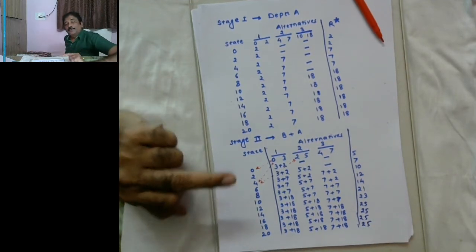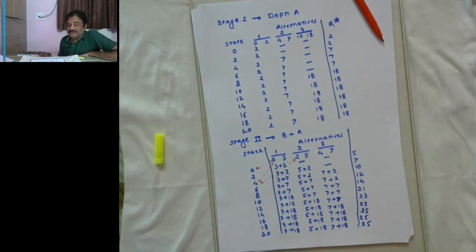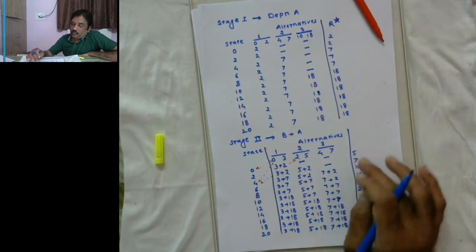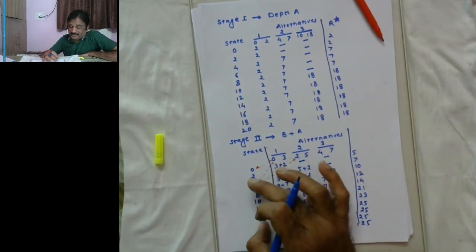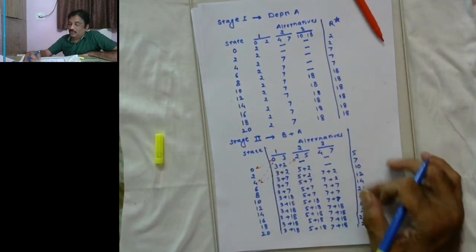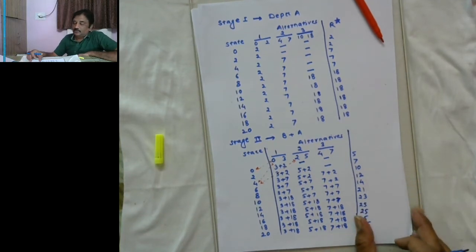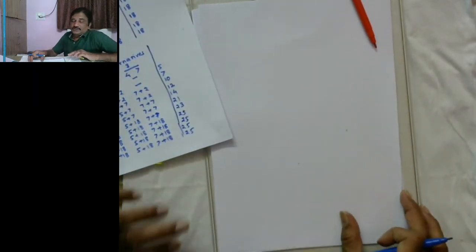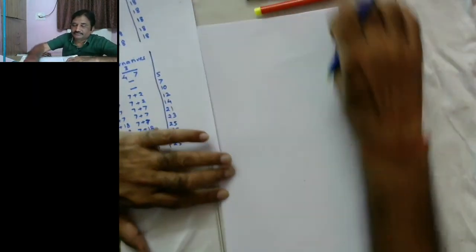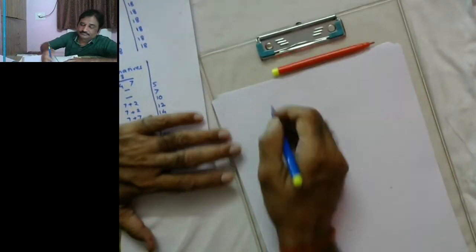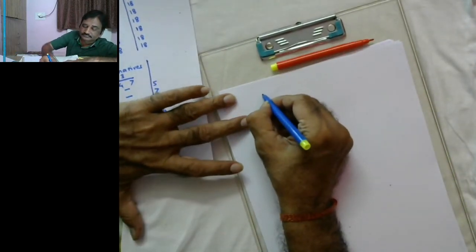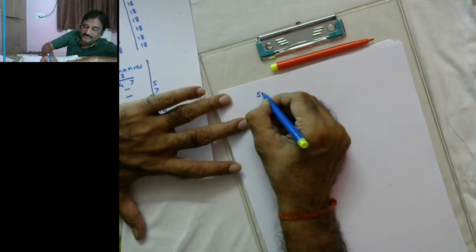So if you do the different investments in departments B and A, this is going to be the return. Now we'll be coming to the last stage, stage 3.